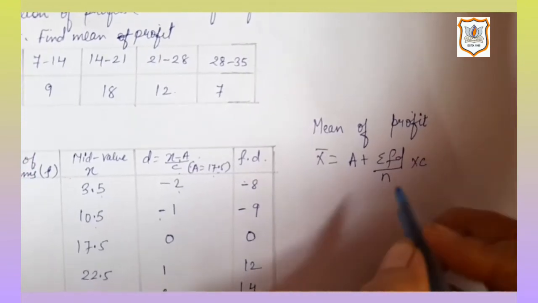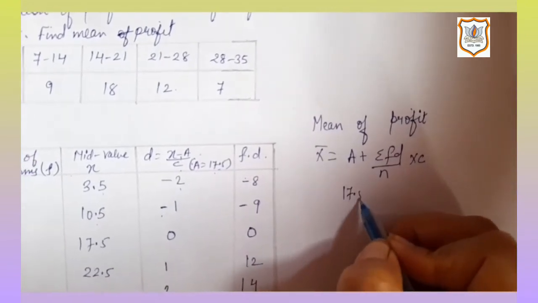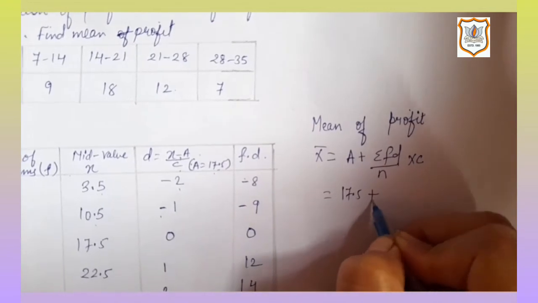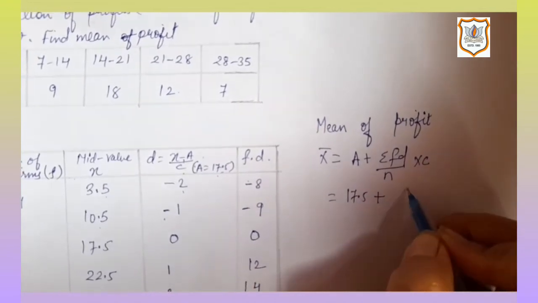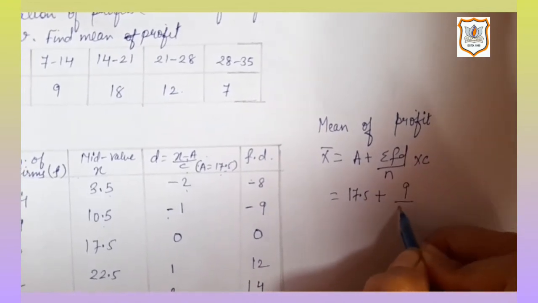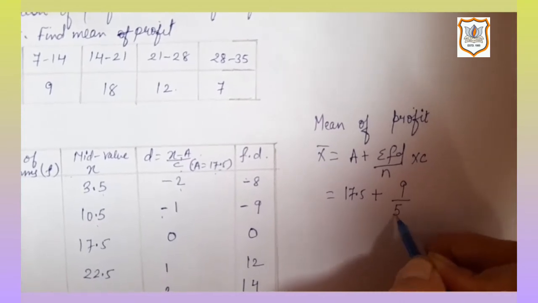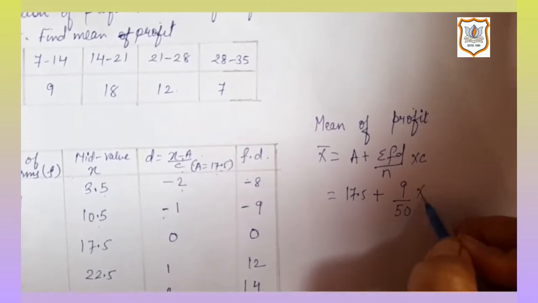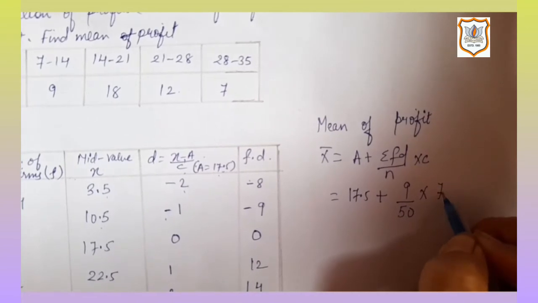We have assumed mean 17.5 in this sum, and we took out sigma fd, that is 9, and our total of frequency is 50, into class length, which in this sum is 7.